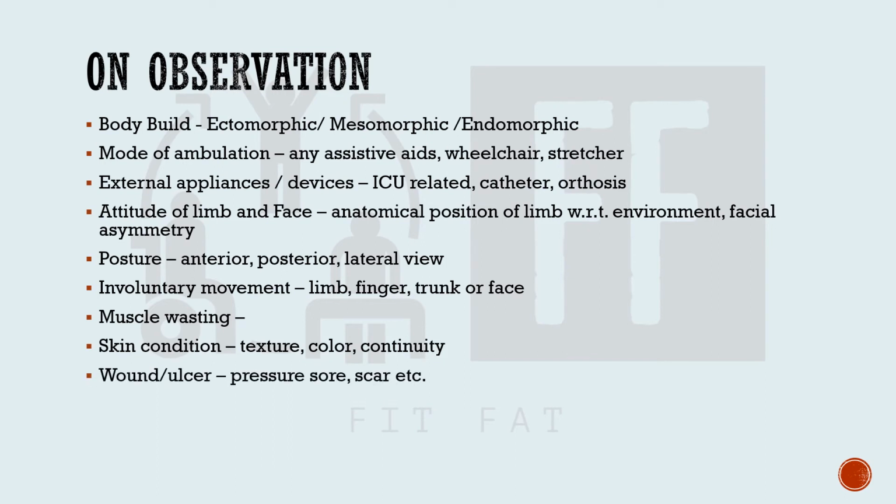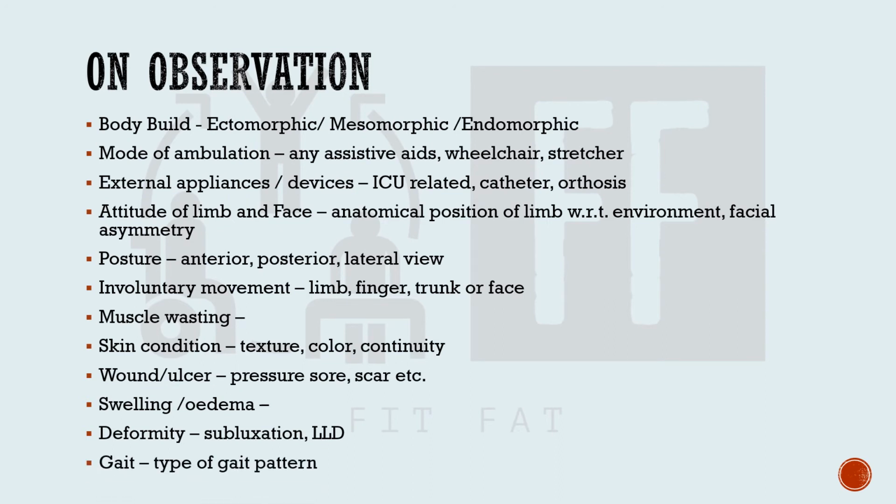Then comes your wound or ulcer. You have to check for pressure sore, scar, etc. Then swelling or edema. You have to check if there is any swelling or edema in the patient's complaint area. Then there is deformity. Under this you can check if there is any subluxation or LLD, like leg length discrepancy.